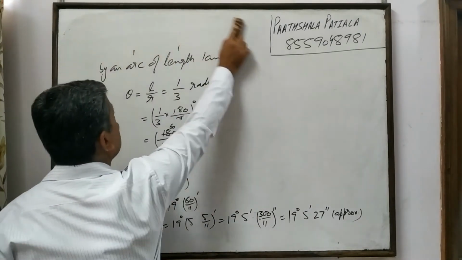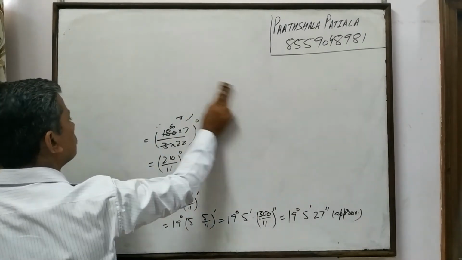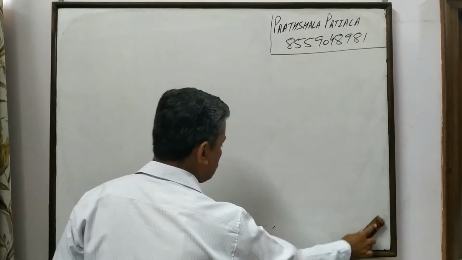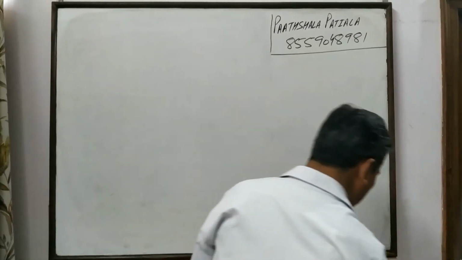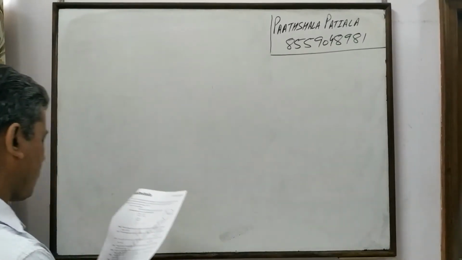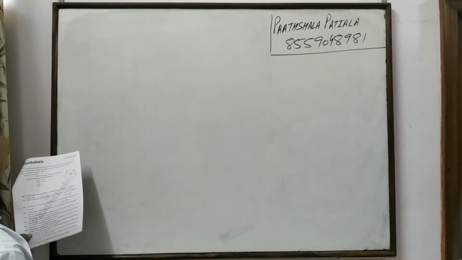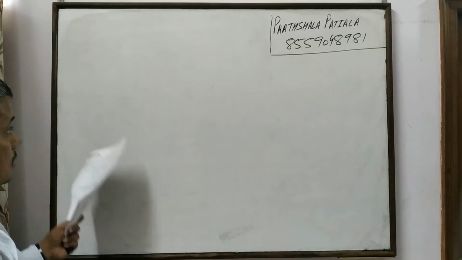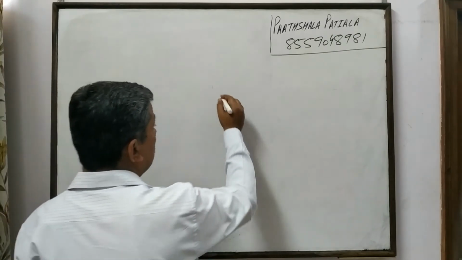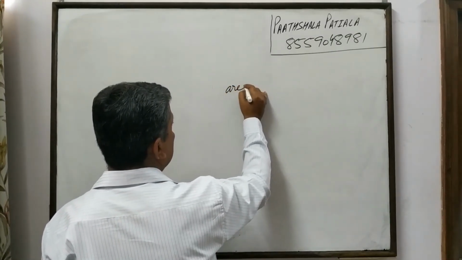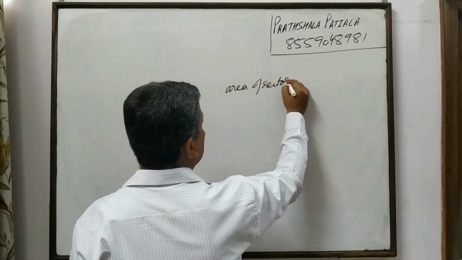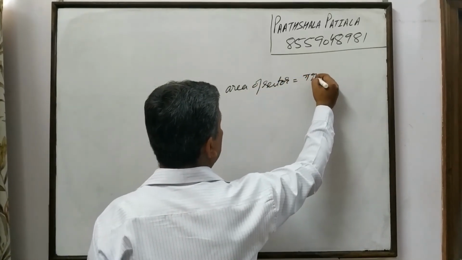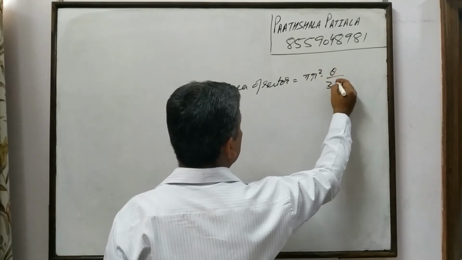So another question. See, we have done in junior classes area of sector, that is pi r square into theta upon 360 degree.